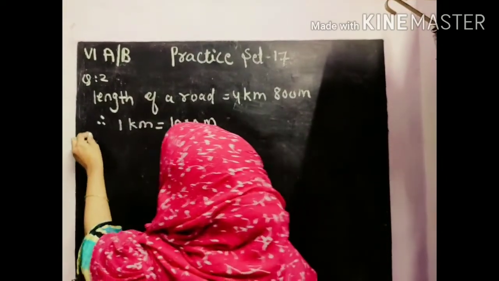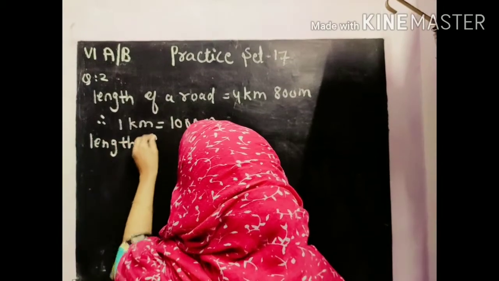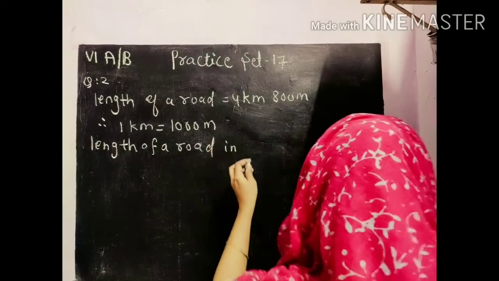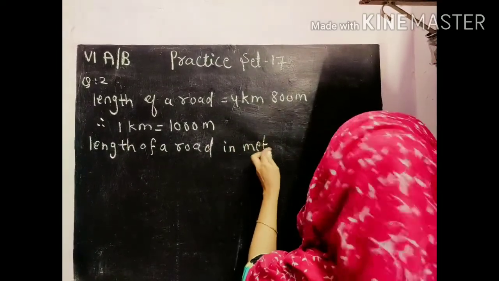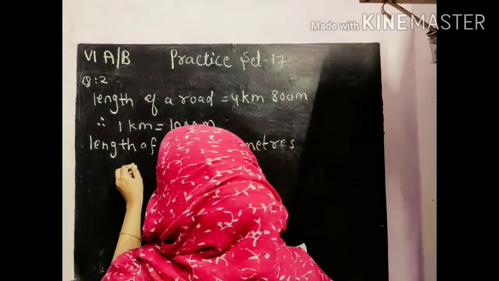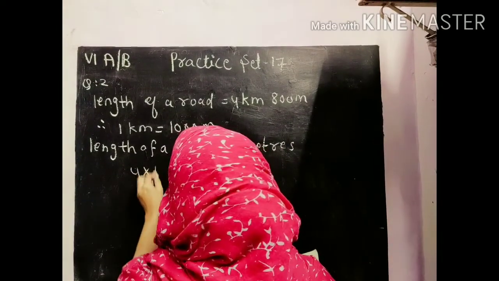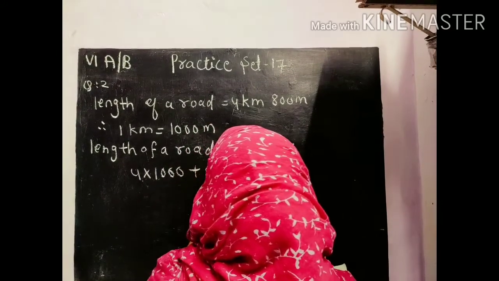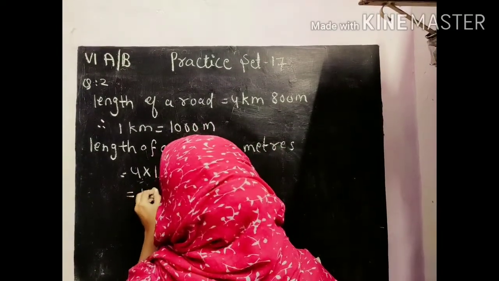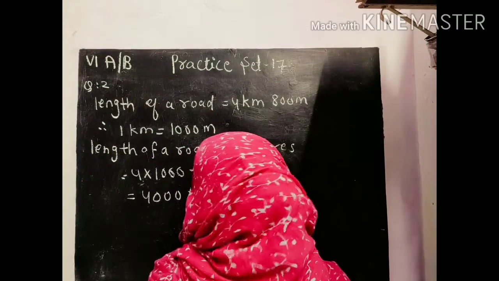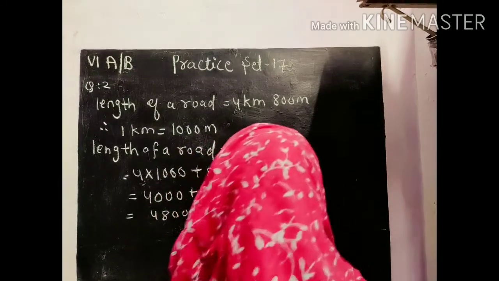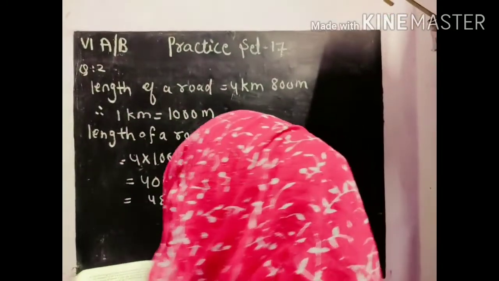So the length of a road in meters is 4 into 1000 plus 800. 4 into 1000 is equal to 4000, plus 800. So what will be the answer? 4800 meter.